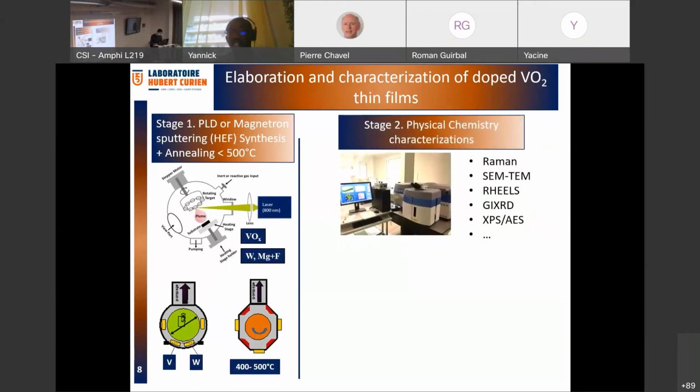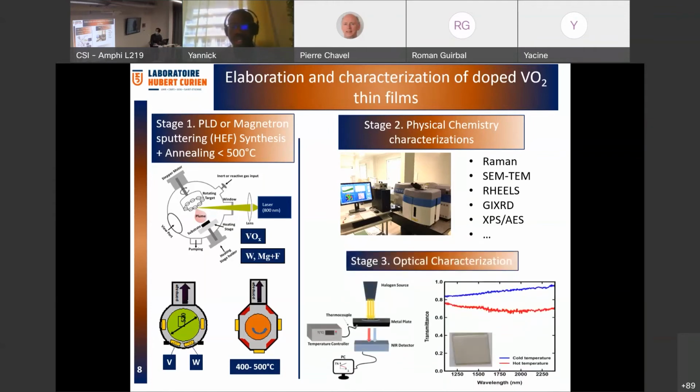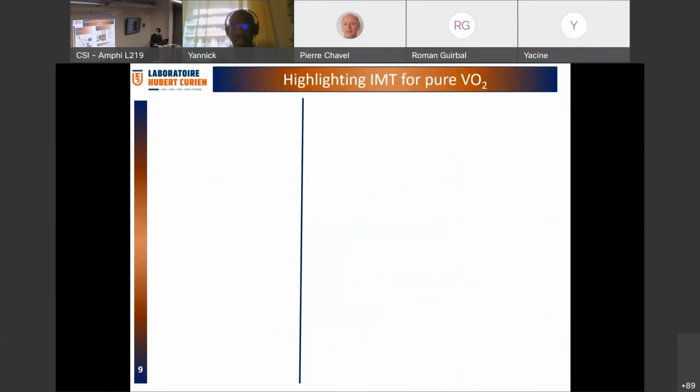The second stage is the physical chemistry characterization. As I said before, it's a complex material, so it has to be characterized to see what we really deposit. And then we do the optical characterization at the last stage.